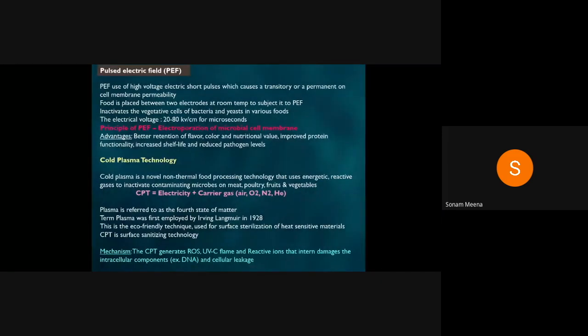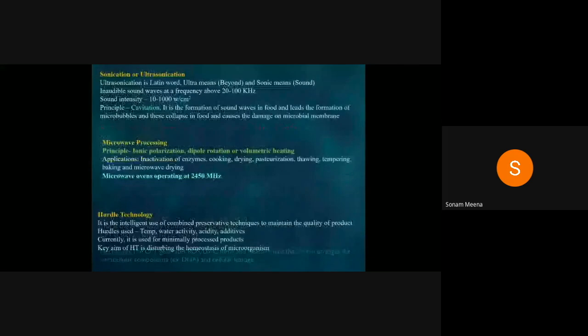It is used for the surface sterilization of heat sensitive materials, so it is called a surface sanitizing technology. Then sonication principle is cavitation, and its sound intensity is 10 to 1000 watt per centimeter square. For microwave processing, so many times they have asked: microwave ovens operating at 2450 megahertz.